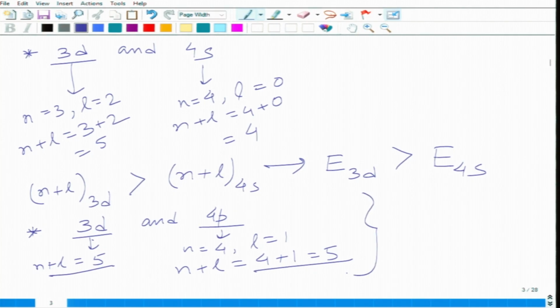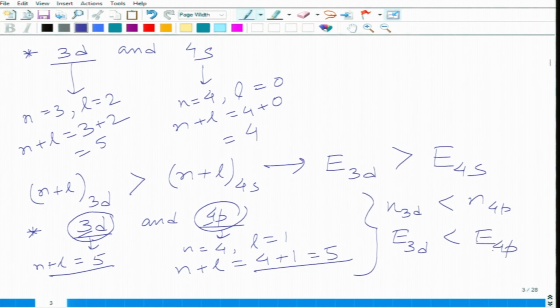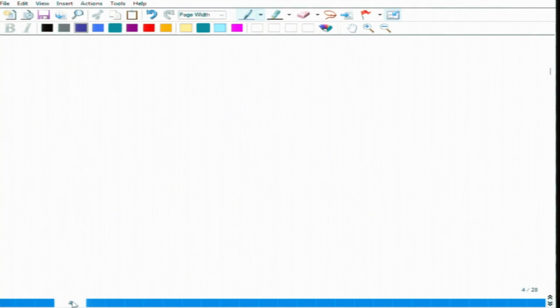So, now we will consider the value of n. For 3D, n is equal to 3 and for 4P, n equal to 4. So, n of 3D is less than n of 4P. Therefore, here, energy of 3D will be less than energy of 4P. So, now we have learnt n+L rule.